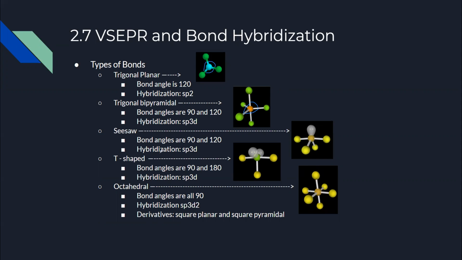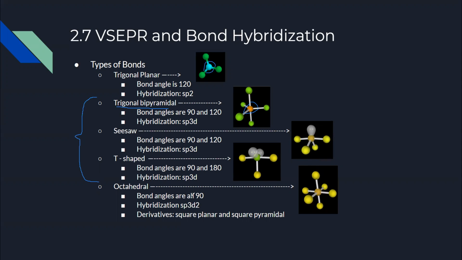You also have seesaw, where the bond angles are 90 and 120 degrees, like shown here, and T-shaped, where the bond angles are 90 and 180 degrees. For seesaw and T-shaped, along with trigonal bipyramidal, the hybridization is sp3d. All of these are derived from trigonal bipyramidal, so they are effectively different versions of the same thing, as shown over here.